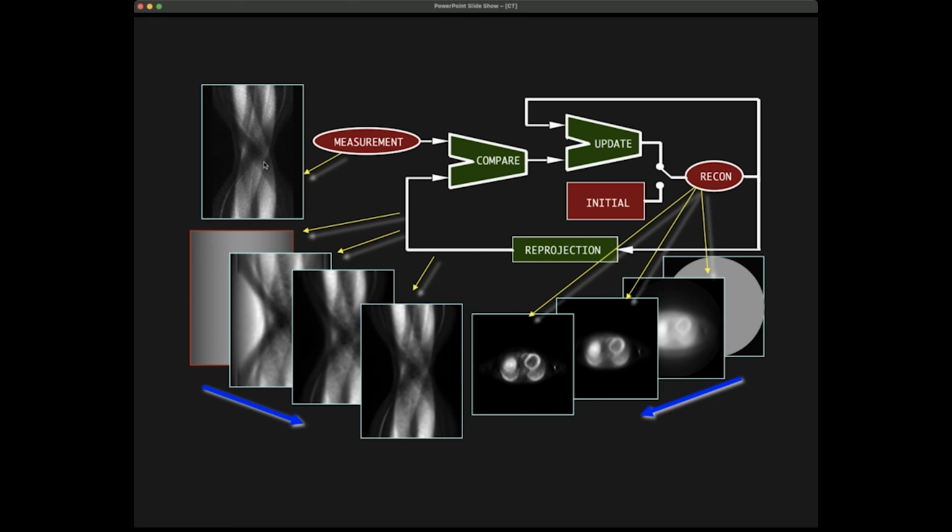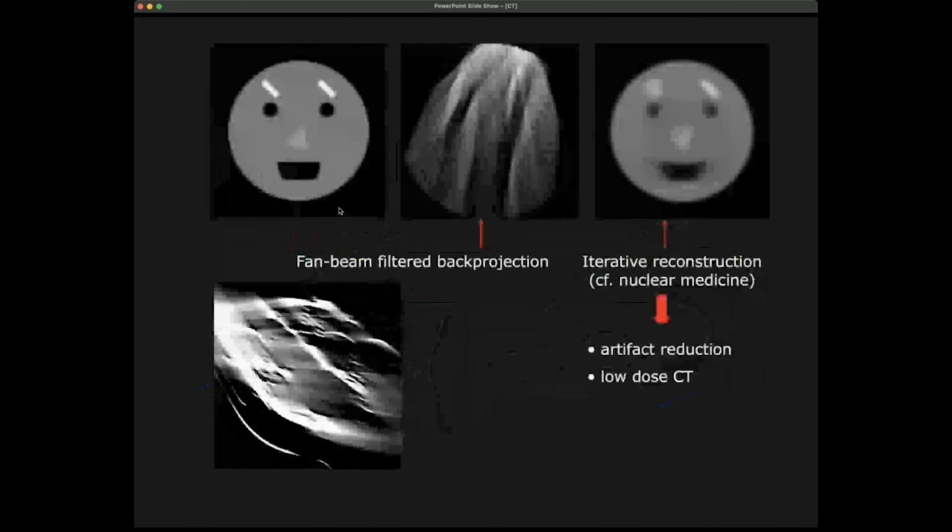But with the disadvantage that although it's theoretically correct, it also theoretically reconstructs all the artifacts and all the problems, all the noise, all the non-ideal parts of the machine. And thirdly, we have iterative reconstruction, where we find the most likely distribution that would lead to the measurement that we have.